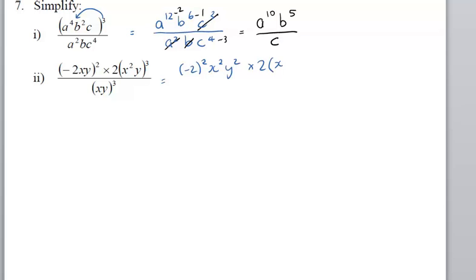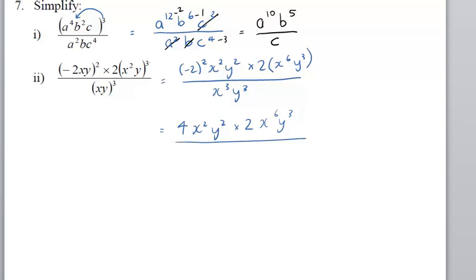Here x, 2 times 3 is 6, and y, 1 times 3 is 3, all divided by x cubed, y cubed. So negative 2 squared gives us 4. Then we've got x squared, y squared, multiplied by 2, and x to the power of 6, y cubed, all divided by x cubed, y cubed.